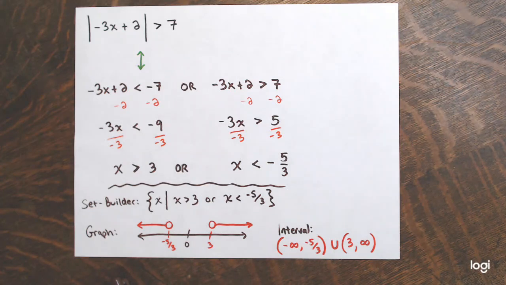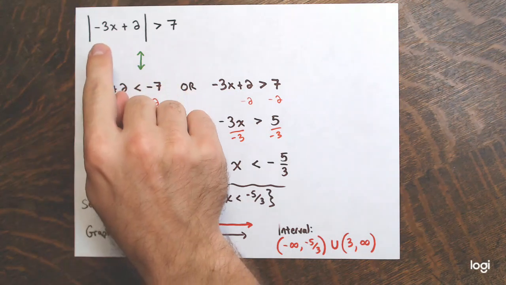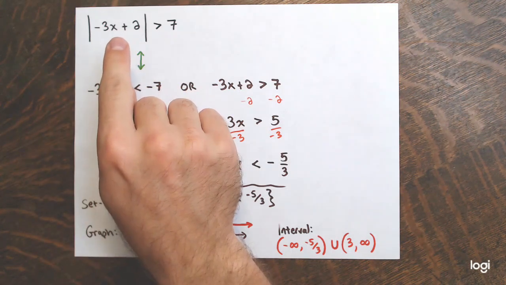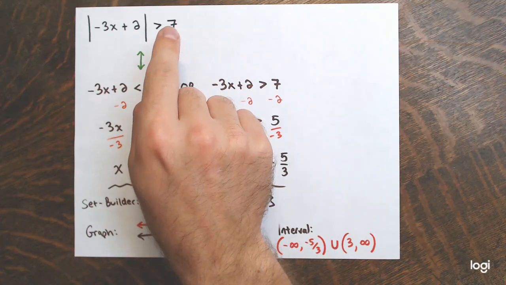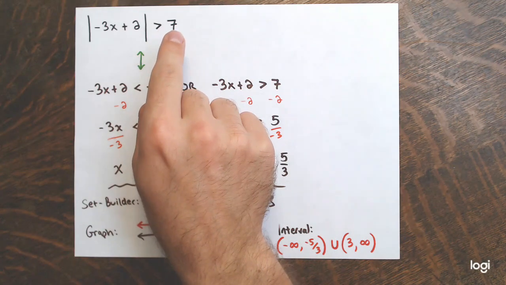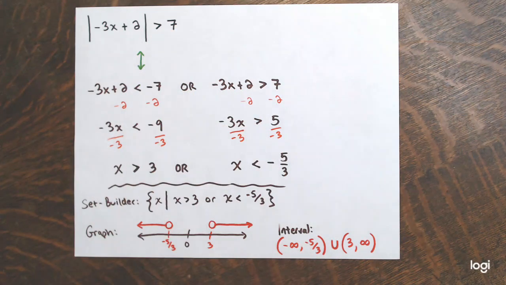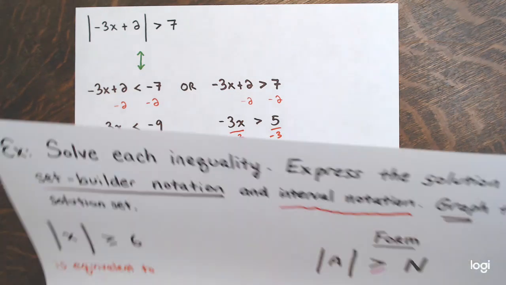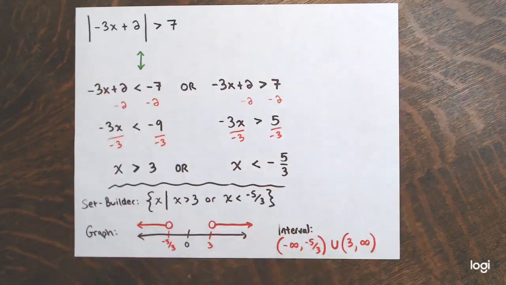Okay. So my next example might be a little tricky. So far, we've had the absolute value alone on one side, and then a positive number on the other. Right? It was positive 7 here. For my first example, it was positive 6, and then positive 4 in another one.